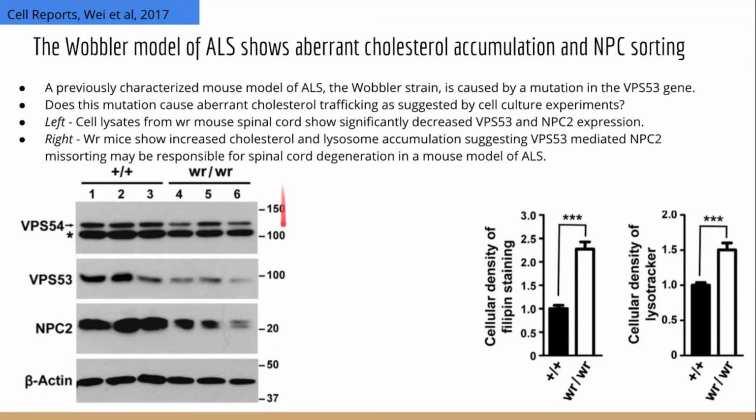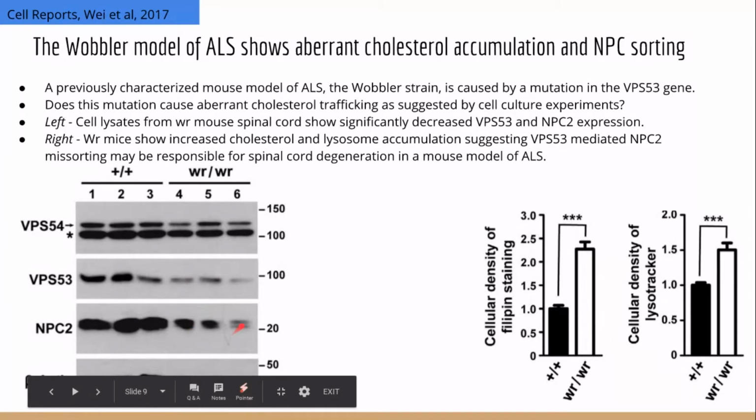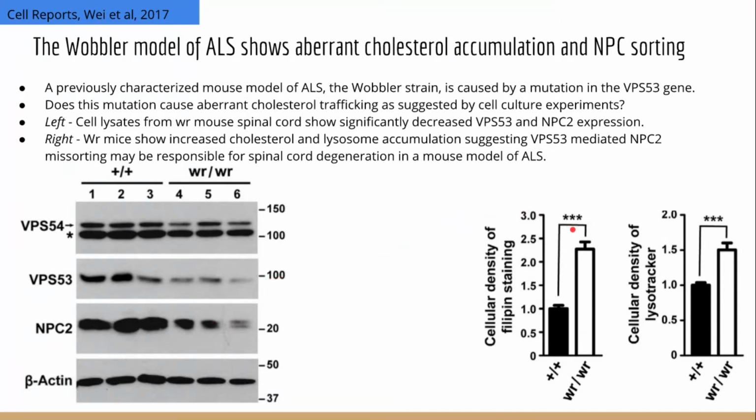And these are the specific figures I chose to include. We have the wobbler mice right here. We see that VPS53 is downregulated because there's a mutation. Maybe it causes a splicing error. I'm not exactly sure. But we see decreased NPC2. There's significantly decreased NPC2 in the wobbler mouse strain. We also see increased density of cholesterol in cells from the wobbler mouse.